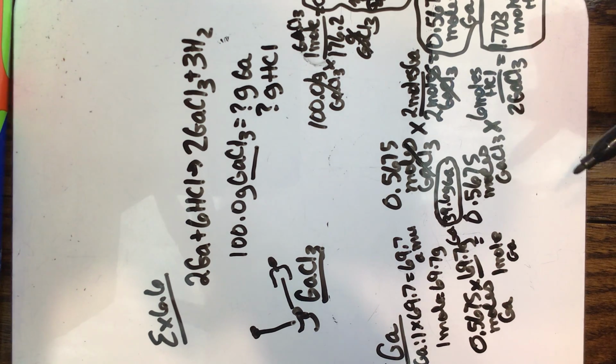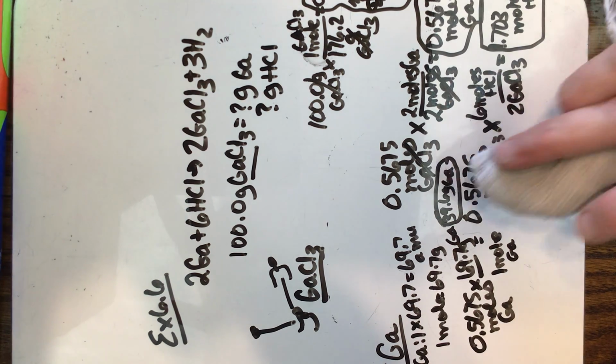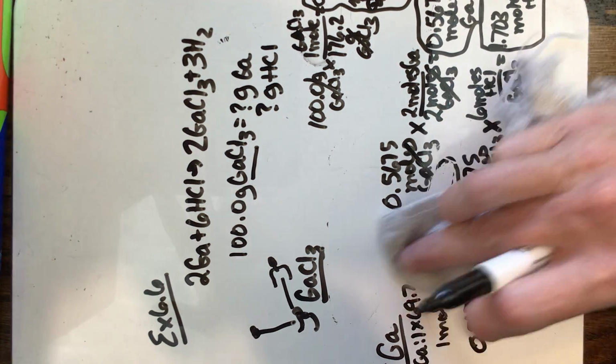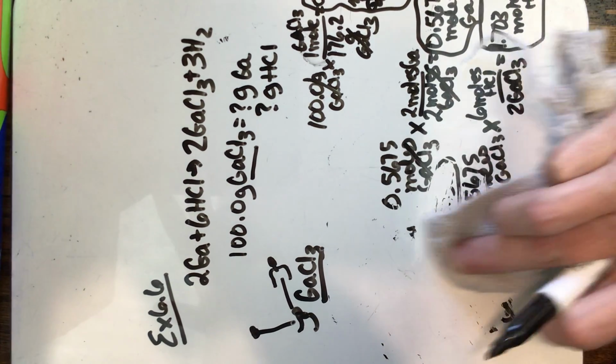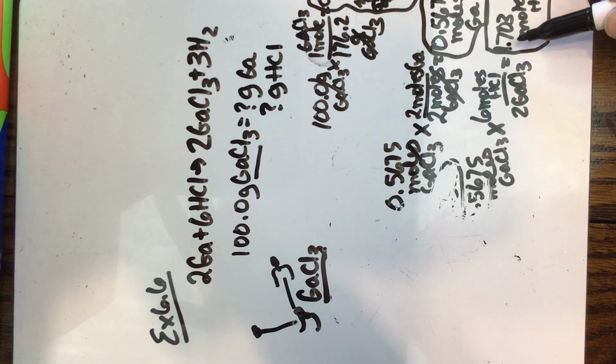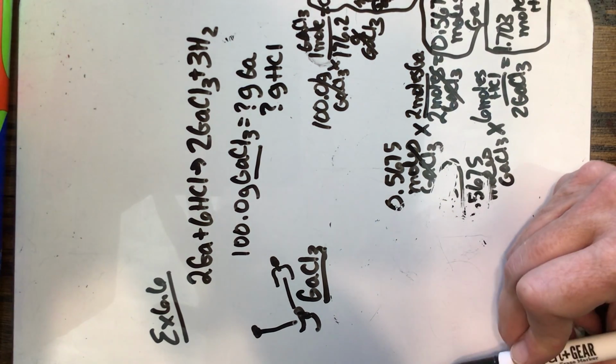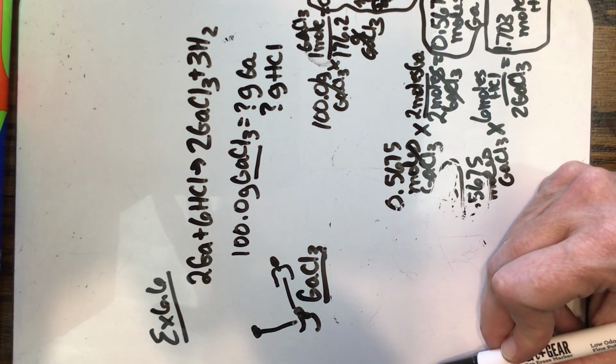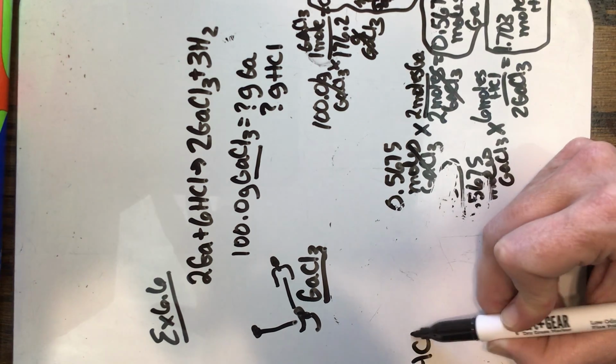Okay, then I'm going to do the same thing for the HCl. So let me just get that out of the way. Now notice I started with 1.703 moles of HCl, so that's what I'm going to be converting, but let me come over here and write this.